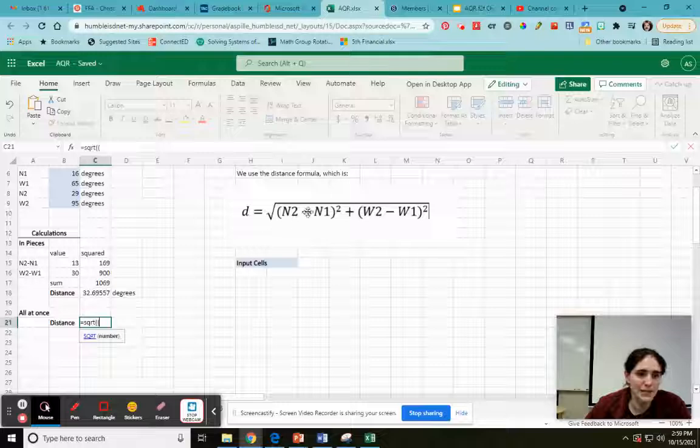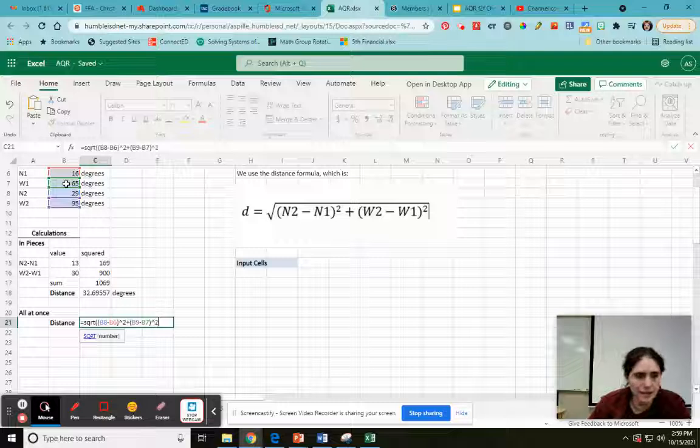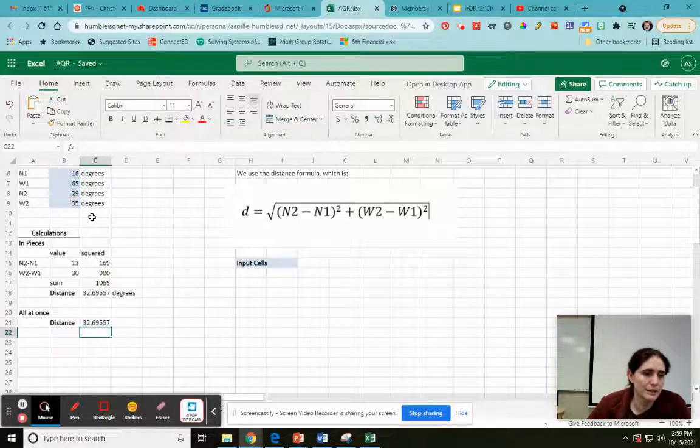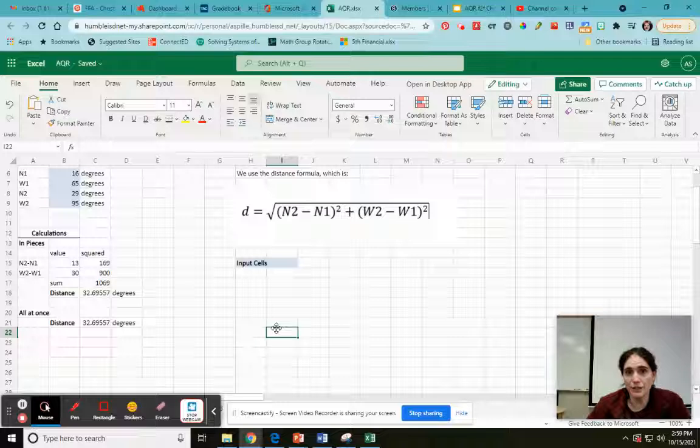So this is my n2 minus n1, so this minus this, close parentheses, square that, plus open another parentheses, west 2 minus west 1, close parentheses, square that, close the overall parentheses, and enter. So it gives me the same thing. That's in degrees. That's how you do the basic thing.